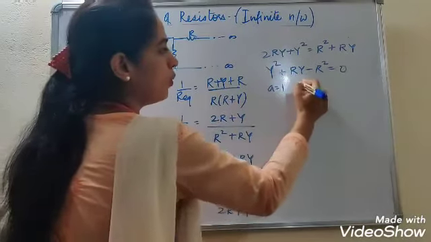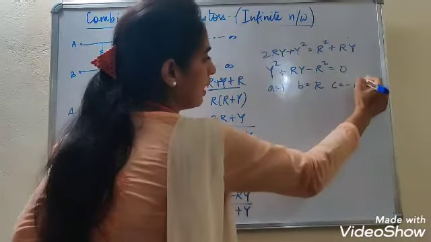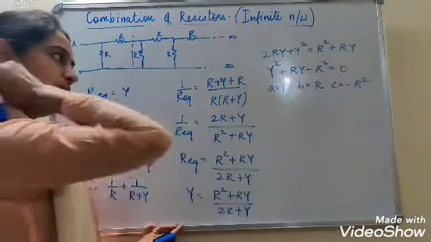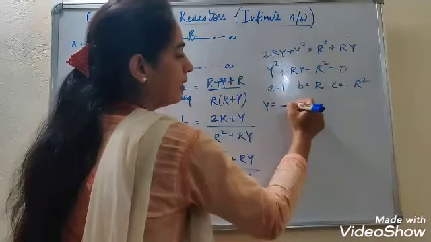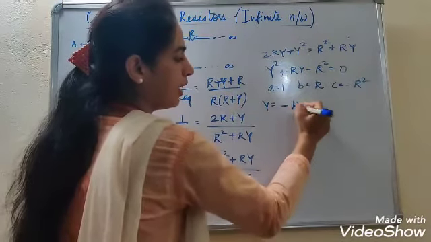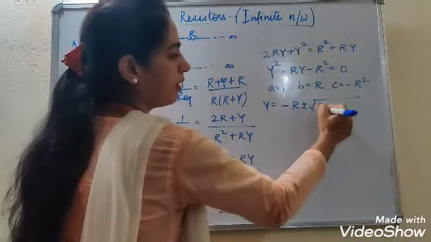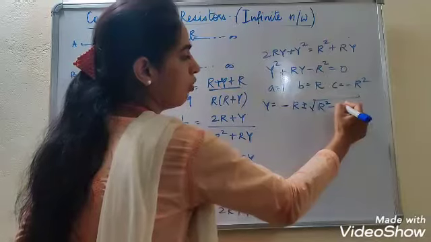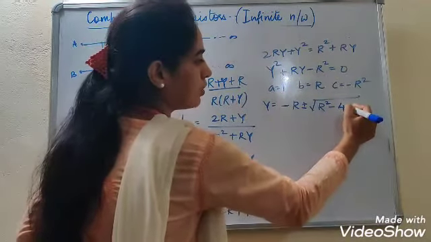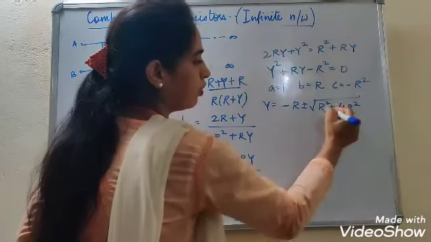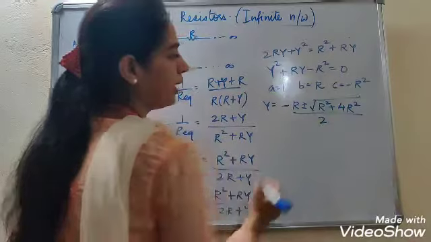So A is equal to 1, B is equal to R, C is equal to minus R square. So again let's solve. Y is equal to minus B, minus R, plus minus under root of B square minus 4AC. So minus R square will give you plus R square, divided by 2A.